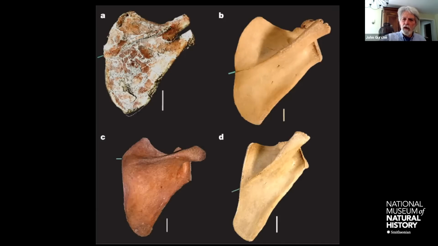You see a gorilla up top here on the right, and then a chimpanzee below that. It turns out that the area for attachment of muscles raising the arm is greater in great apes than it is in humans. Well, of course, they practice a lot of locomotor behaviors in climbing and so forth, where they use the arm in a raised position. Well, the Dikika child has a little bit of that going on.